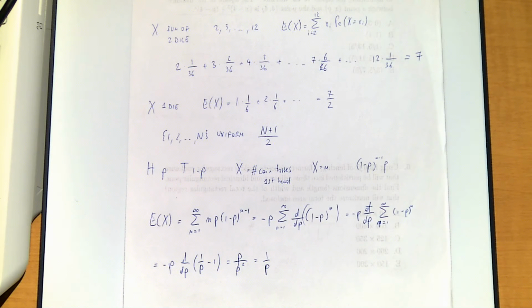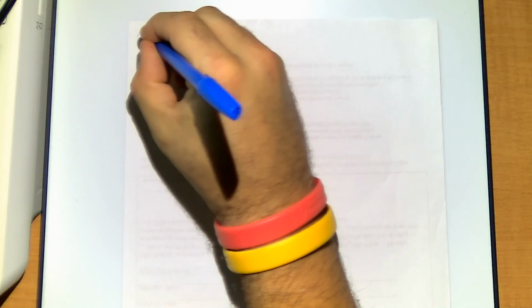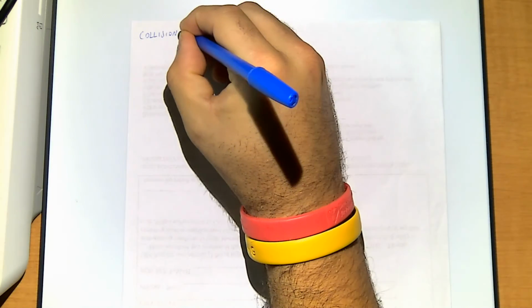Okay, so this concludes our initial tool belt. We now know what random variables are and what expected values for random variables are. Now we can start looking at algorithms for cryptography, which are of course of interest to us. In particular, one thing that we can now model a little more interestingly is collision algorithms.